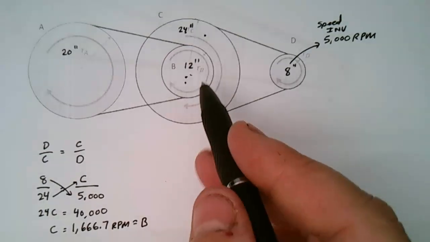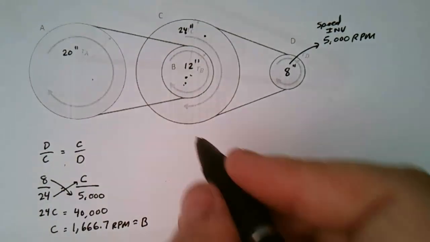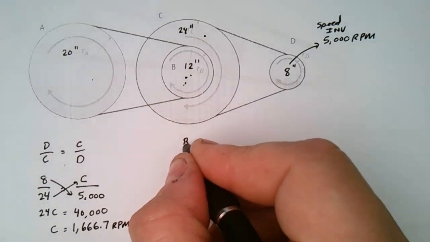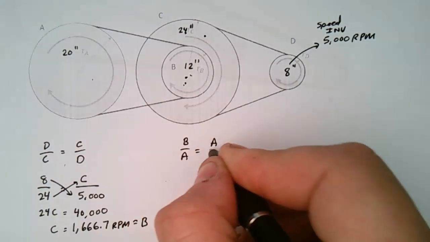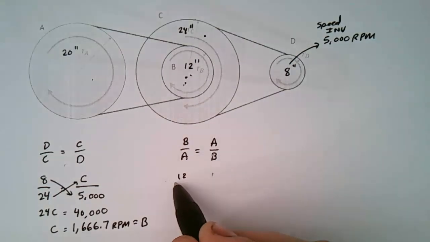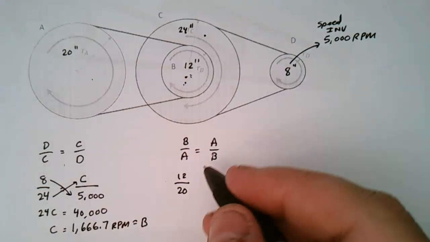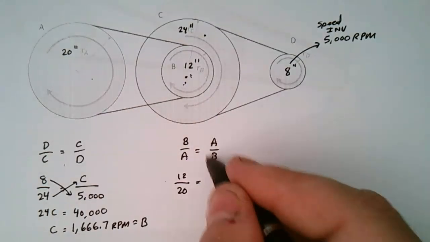So then I come over here and say, okay, now I've got a belt between B and A, also in inverse proportion. So I'm going to say B over A is equal to A over B. So B is going to be 12 over 20. So the ratios of their diameters equal the ratios of their speeds.